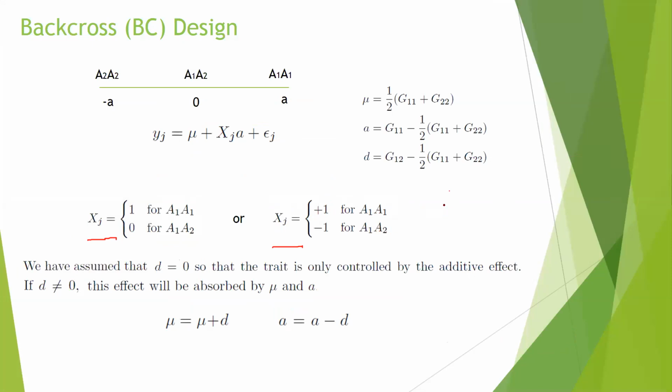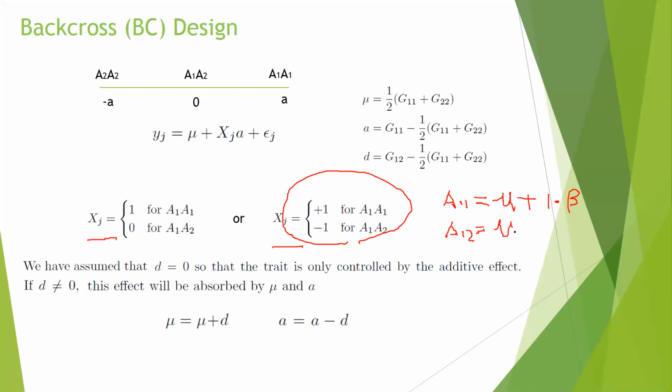Let's say A11 equals mu plus 1 times, let's not use A, let's use another symbol, beta. And for A12, in this setting, what is A12?